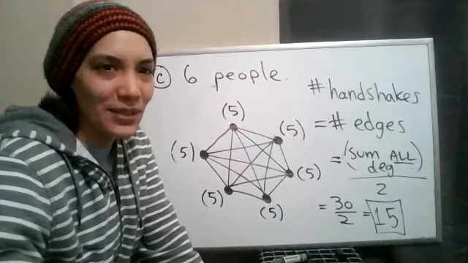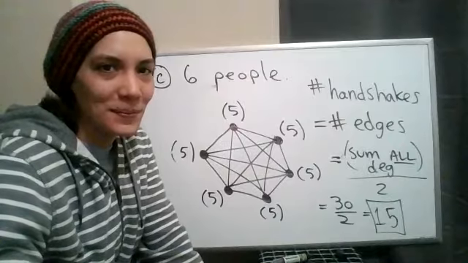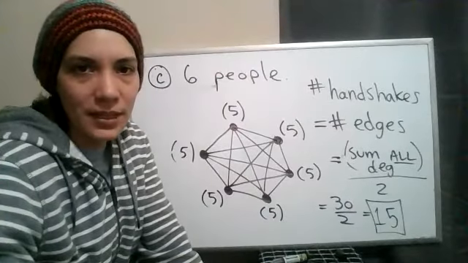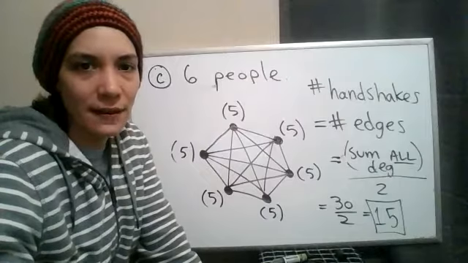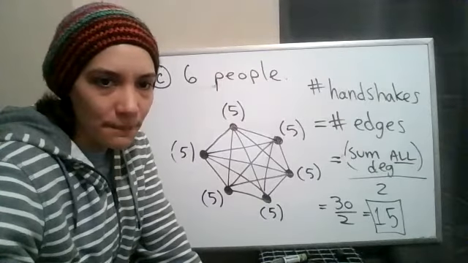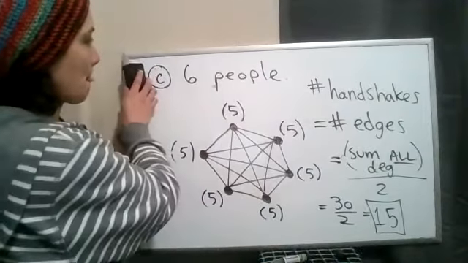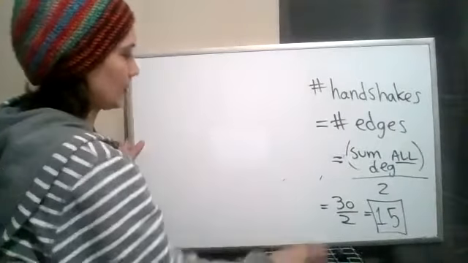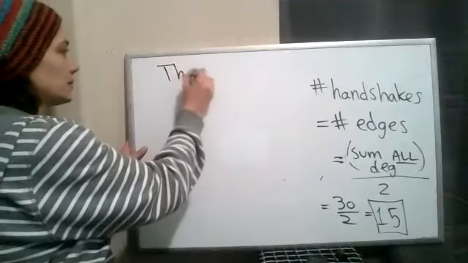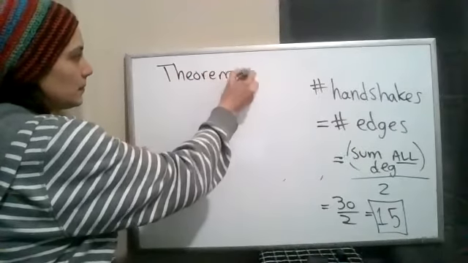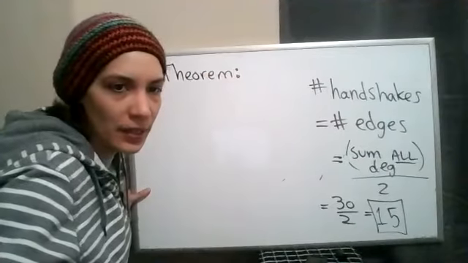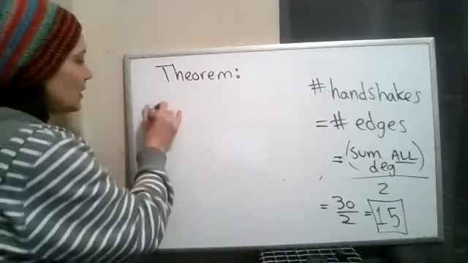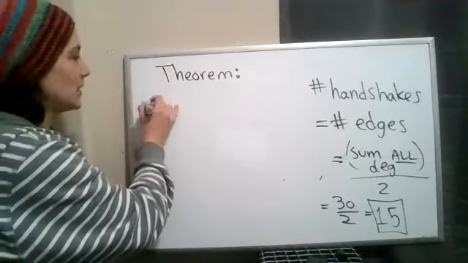So from previous notes, at the bottom of this one, the number of edges is half of the sum of degrees. I'll try to explain, but let's just at least write that down.